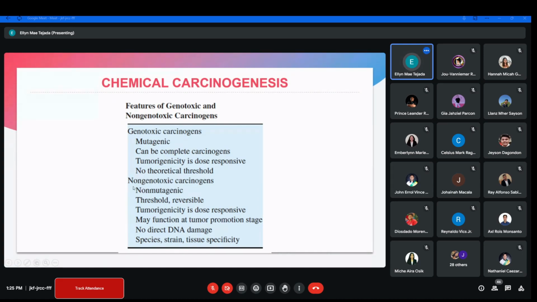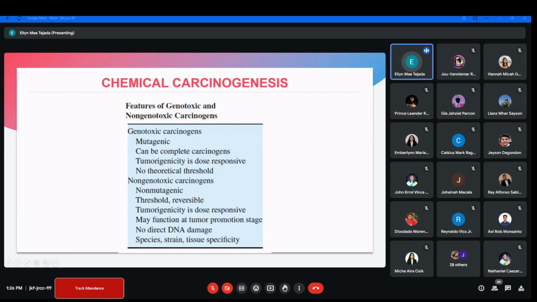On the other hand, we have the non-genotoxic carcinogens. Of course, it is the opposite of the genotoxic. It includes species, strain, and tissues that could be specific, or other sources that would lead to possible DNA damage.